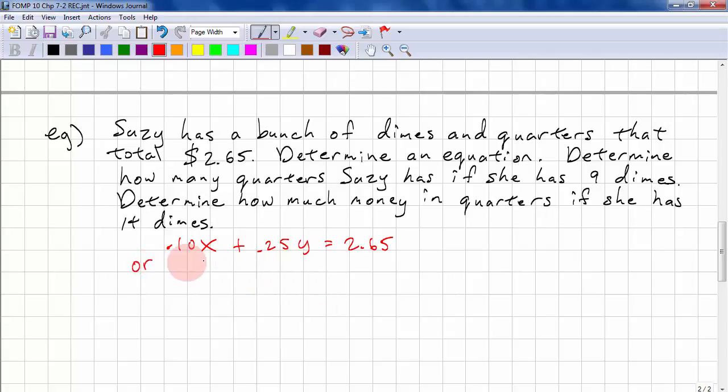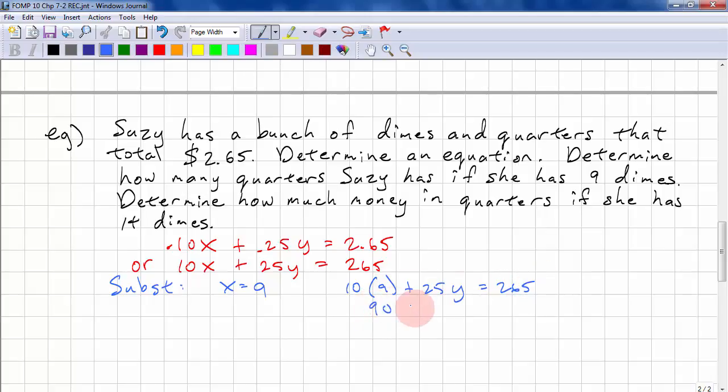Or let's make everything integers, so we multiply by 100. So 10x plus 25y equals 265. Now we substitute x equals 9, so that's 9 dimes. So 10 times 9 plus 25y equals 265.